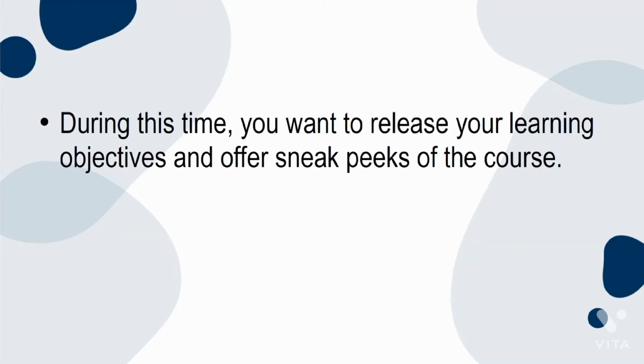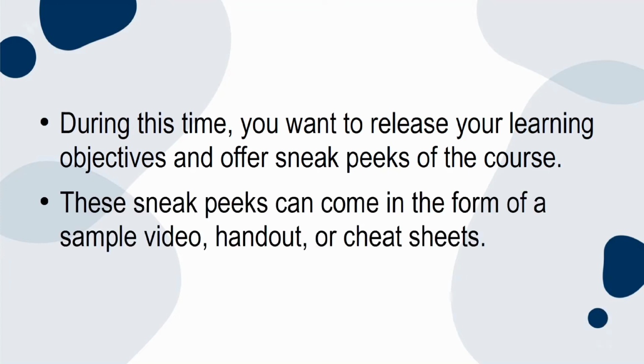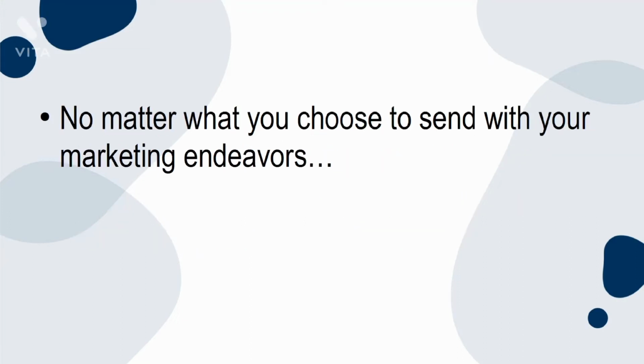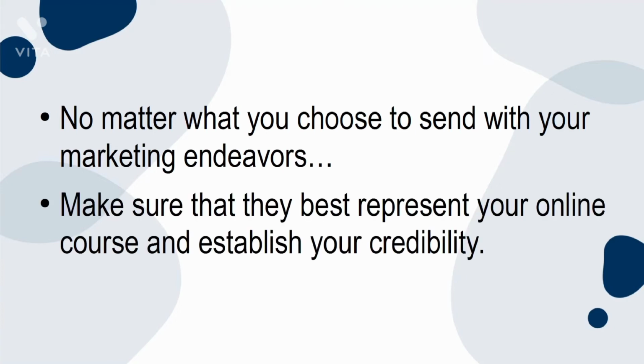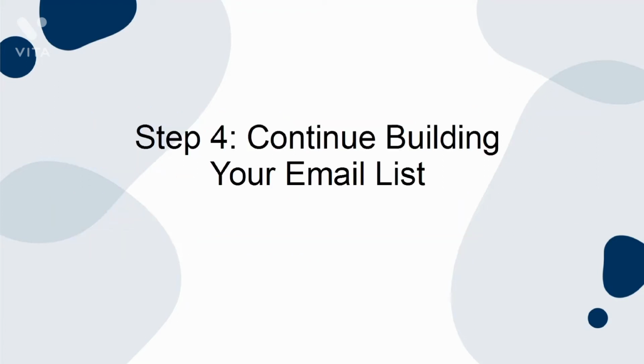During this time, you want to release your learning objectives and offer sneak peeks of the course. These sneak peeks can come in the form of a sample video, handout, or cheat sheets. No matter what you choose to send with your marketing endeavors, make sure that they best represent your online course and establish your credibility.